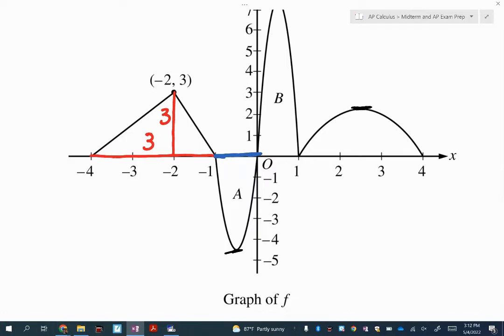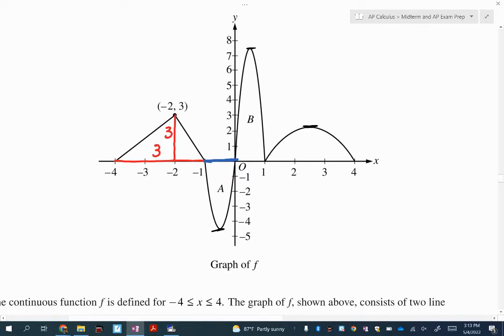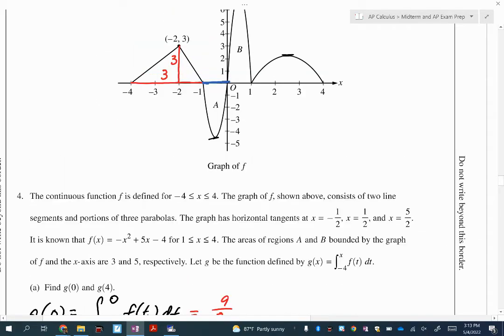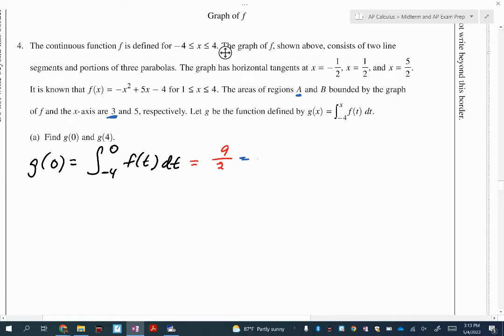See how it has negative y values? So that area is going to be negative. So that means I need to subtract this area. The problem told us what A is equal to. It says A is 3 units, right? So I'm going to do 9 halves minus 3.